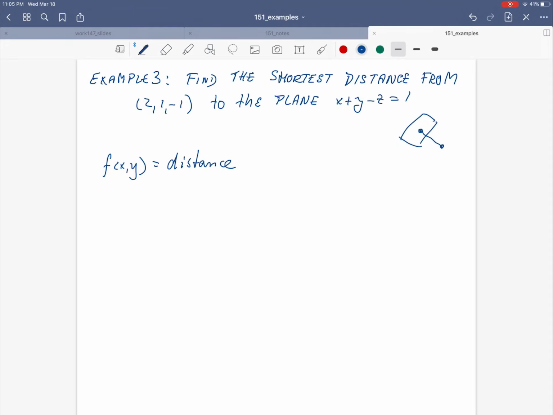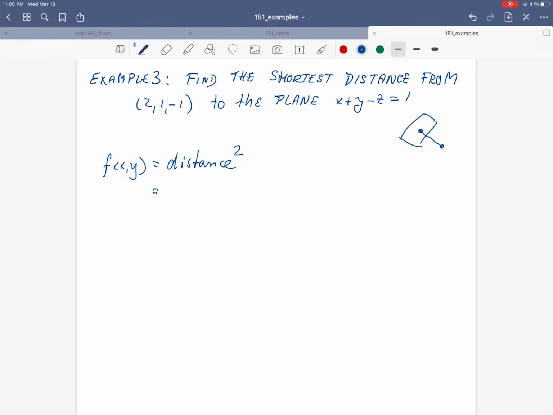So instead of that, just because of the derivatives I'm going to take, I will work with the square of the distance. The idea behind this step is that if I find the shortest distance, the square of it will also be the shortest. I just need to keep in mind what I find. So we will set up a function for the square of the distance.